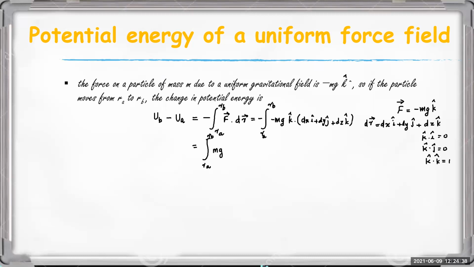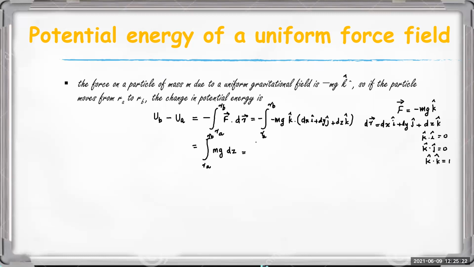Look here, k dot k is equal to 1, so with dz, all the other quantities will vanish. k dot i is equal to 0, so the dx term must vanish, and k dot j is equal to 0, so the dy term must vanish. Only mg into dz remains. In this quantity, only the parameter z comes, so there is no need to apply the limits of the other variables. We have to apply the z component only.